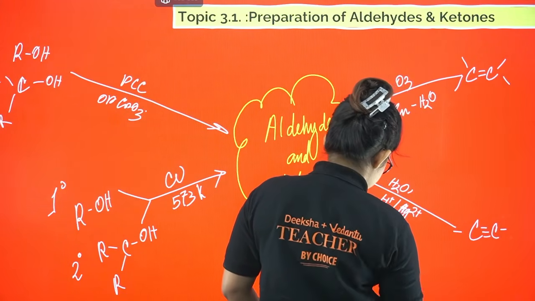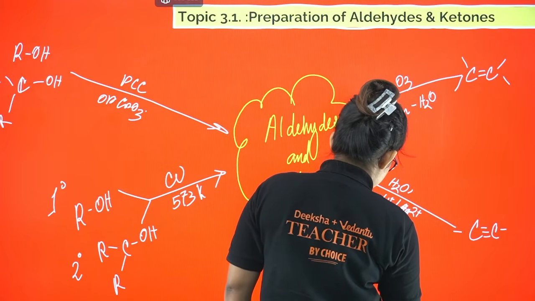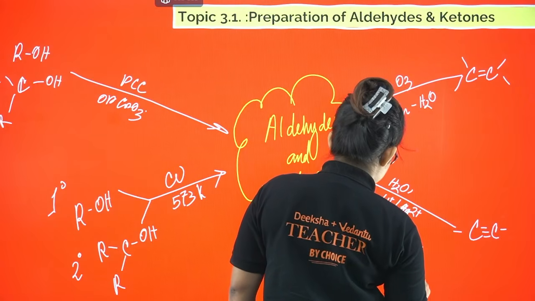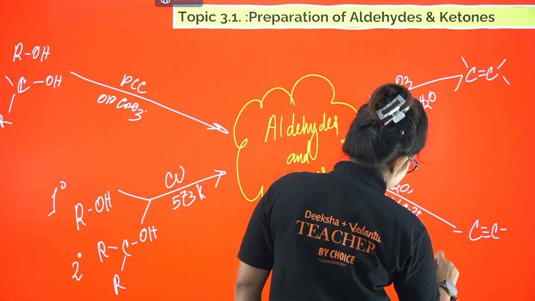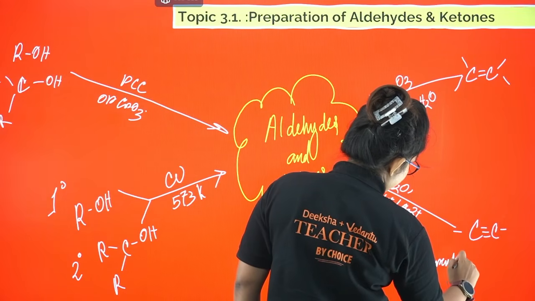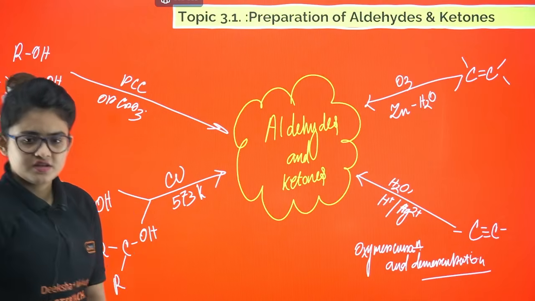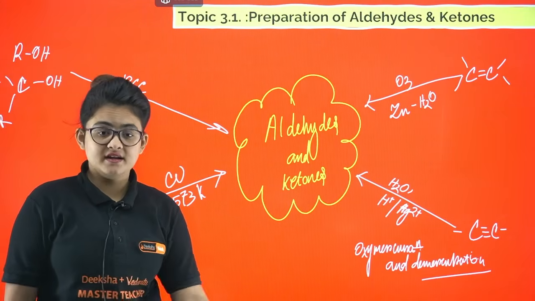This is basically oxymercuration, demercuration. We will see the example of this as well. One of the most important reactions. So these are the ways by which you can get both aldehydes and ketones.